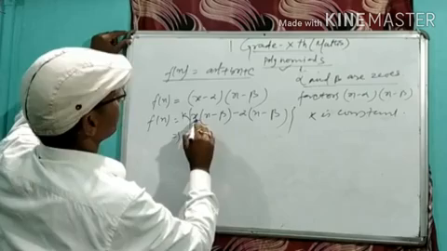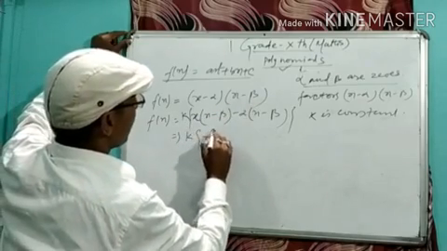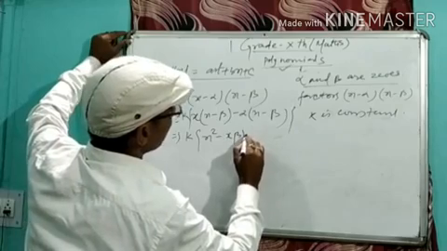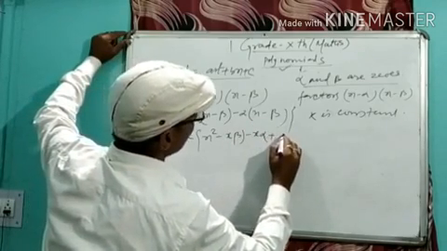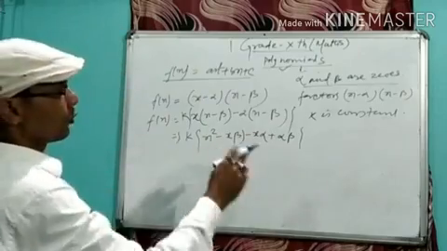What is this? x square minus x beta, minus x alpha plus alpha into beta. I have taken k as a constant.